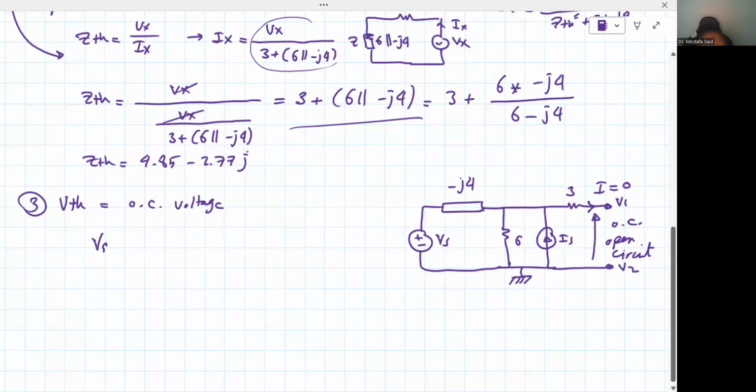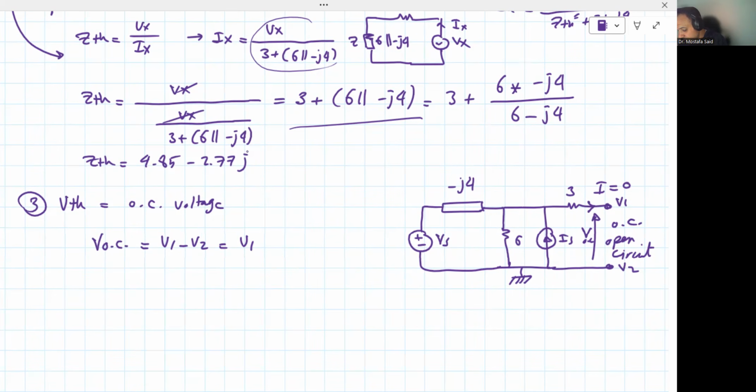So V open circuit equals V1 minus V2, which equals V1, because V2 is equal to 0. We ground it. Usually put a ground, it will make your life so easy. Good. So if we find V1, then we can find the V open circuit.